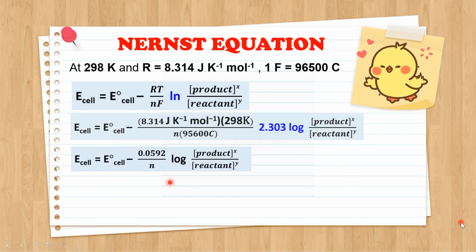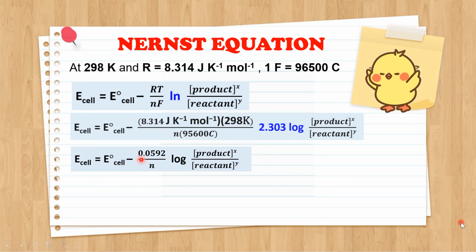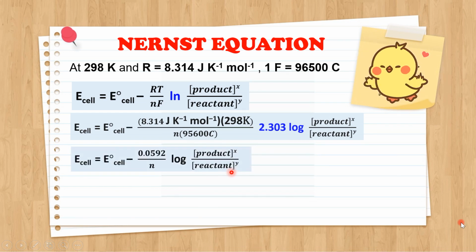So you get this equation: E cell equals E naught cell minus 0.0592 over n log concentration of product to the power of x over concentration of reactant to the power of y.